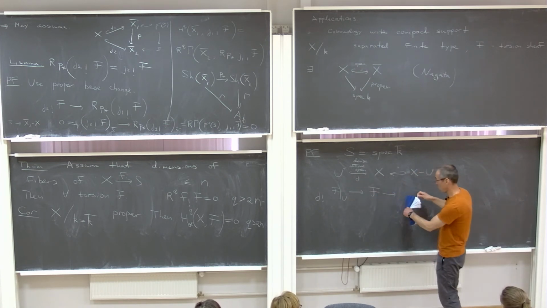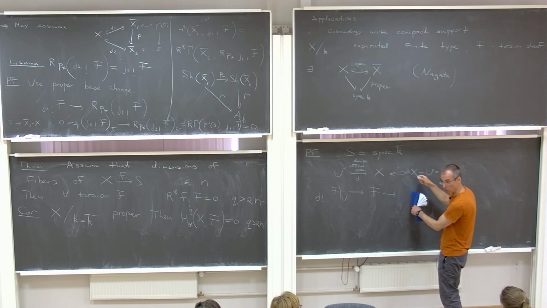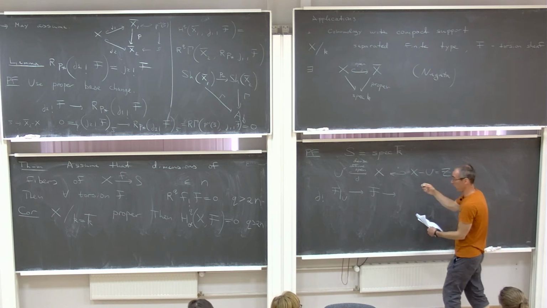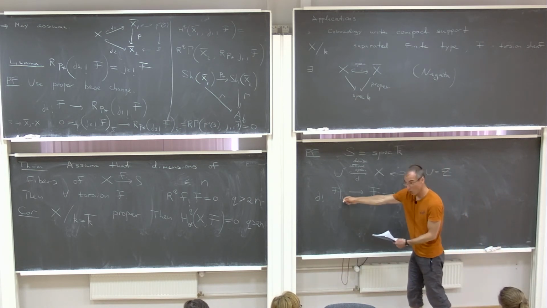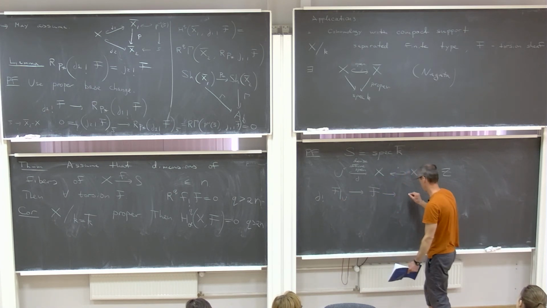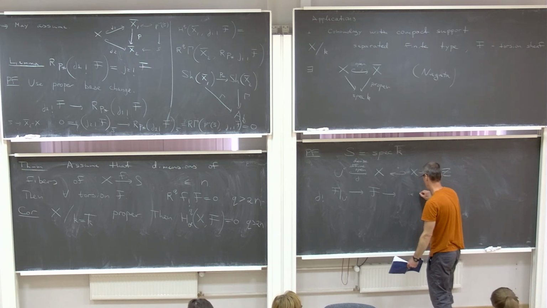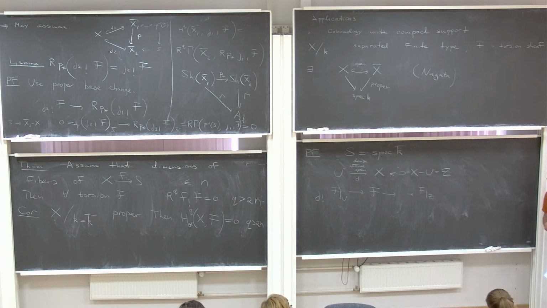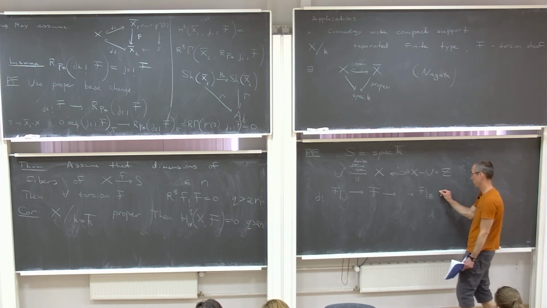And so the cokernel is going to be a sheaf supported at Z, and its stalk at every point is the stalk of F, because the stalk of this guy at every point of Z is 0. So this is just i lower star of F restricted to Z. Yes, so this is a short exact sequence.